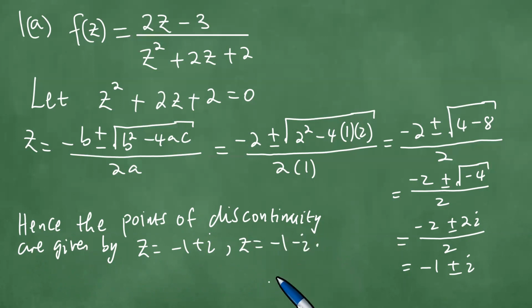So there are two of them, and these are the two values of z. Okay, next we proceed to do the next one.